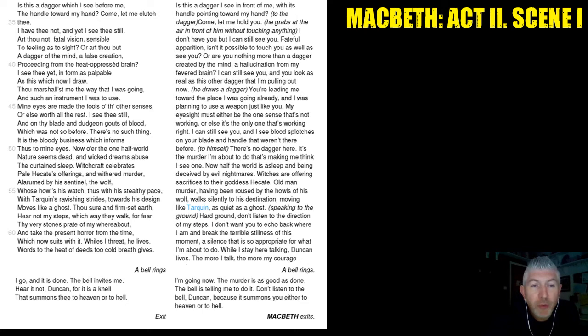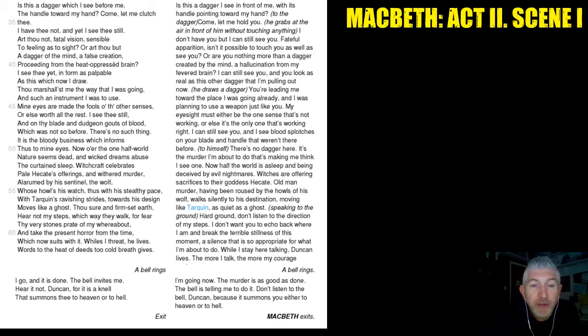Now o'er the one half world nature seems dead, and wicked dreams abuse the curtained sleep. Witchcraft celebrates pale Hecate's offerings, and withered murder, alarumed by his sentinel the wolf, whose howl's his watch. Thus, with his stealthy pace, with Tarquin's ravishing strides, towards his design moves like a ghost.